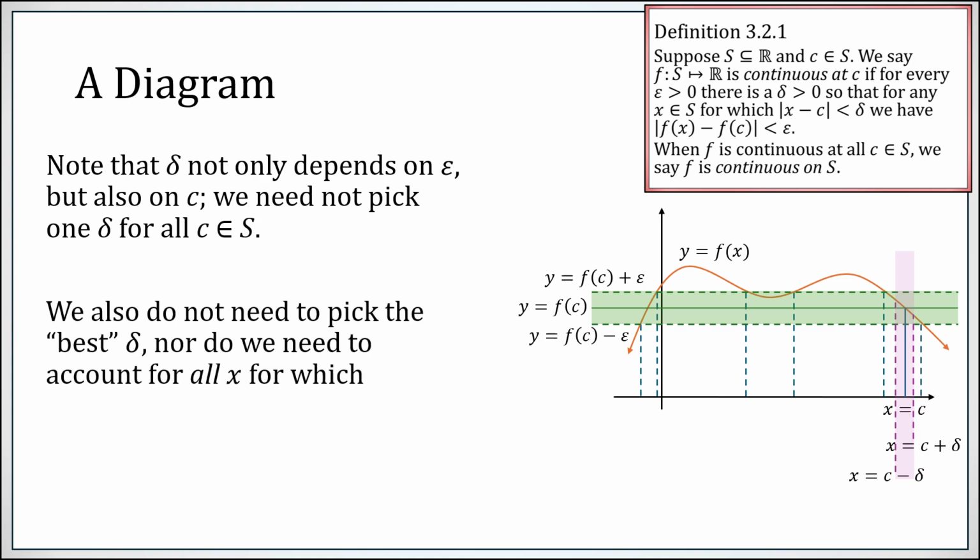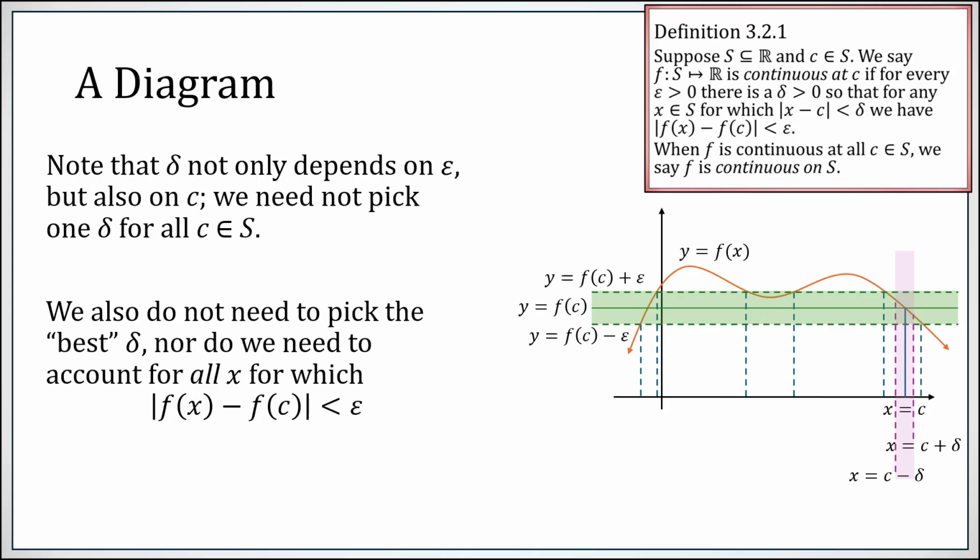Also, there's no requirement here that you somehow find the best delta. I intentionally drew this purple region; you could make it a little bit wider and still satisfy the definition. You don't have to be optimal here. You just need to show that a delta exists. So we don't need to account for every x for which f of x is within epsilon of f of c. This purple region misses tons of inputs that get us into the green region.